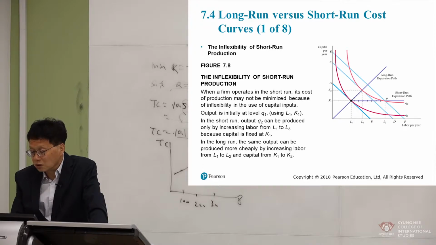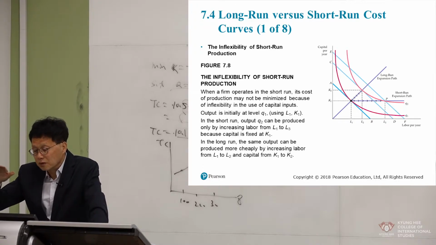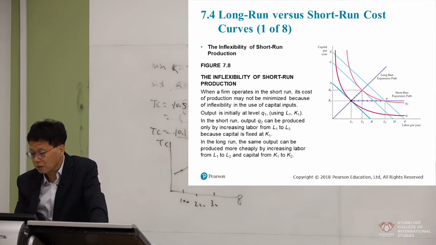But in the short-run, capital employment is the same. So if you want to produce 200 pence of pizza, you have to move to point B. Your only way to produce more pizza is increasing labor employment, holding capital employment constant, right?